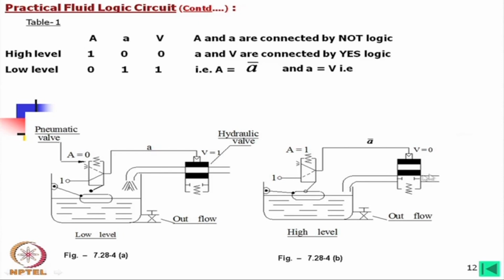The 0 means here this is not functioning. When the level is low, A is 0, then a is equal to 1, then the valve is equal to 1. So, this means that a is equal to A bar and a is equal to V, these two functions. So, if you had to make logic circuits, you can make the logic circuits accordingly.